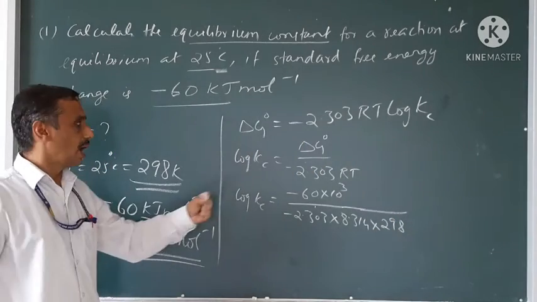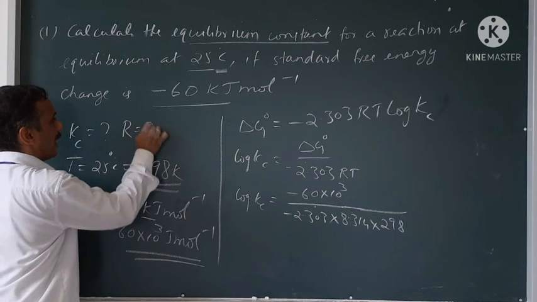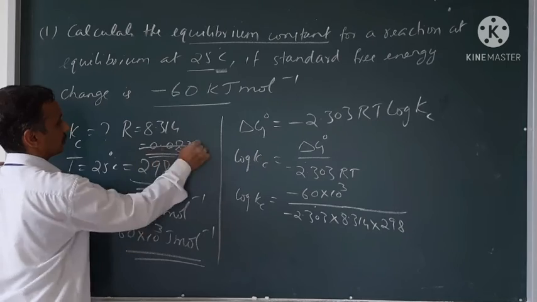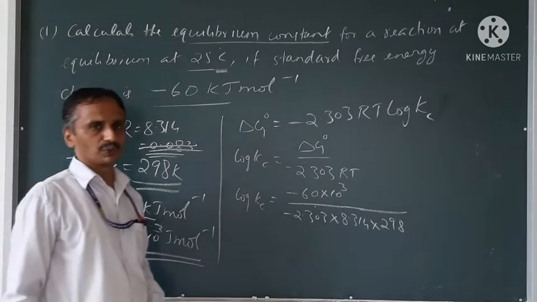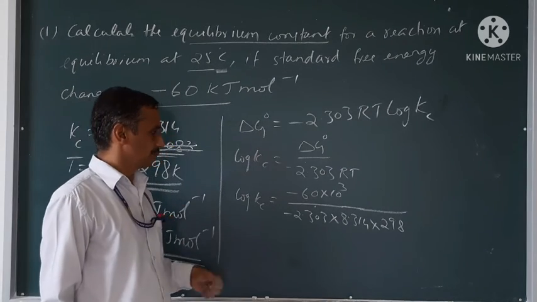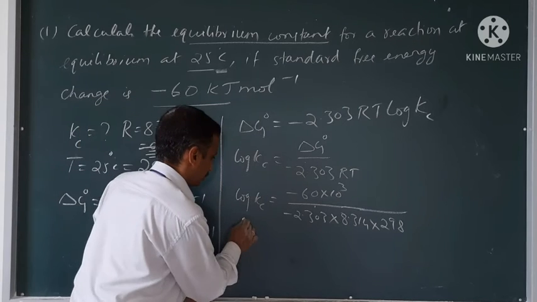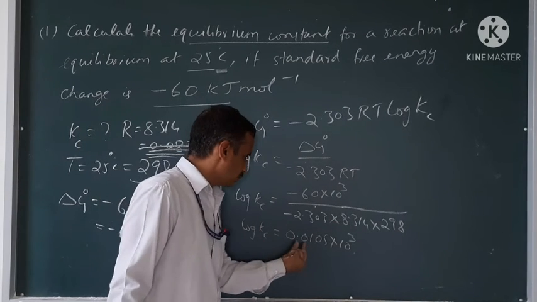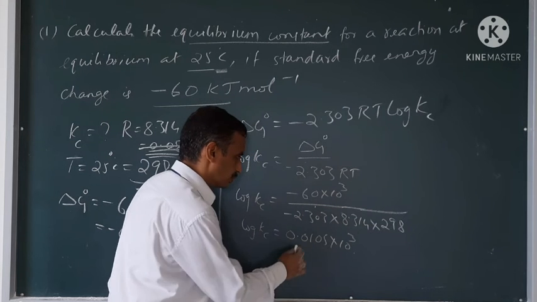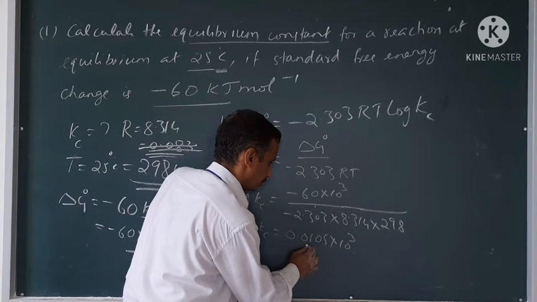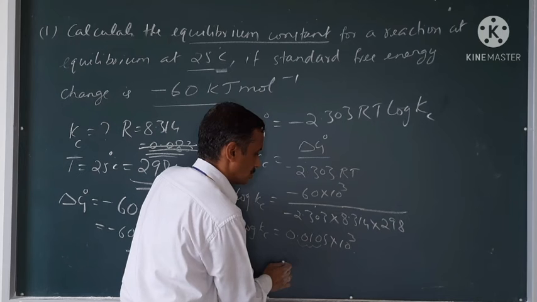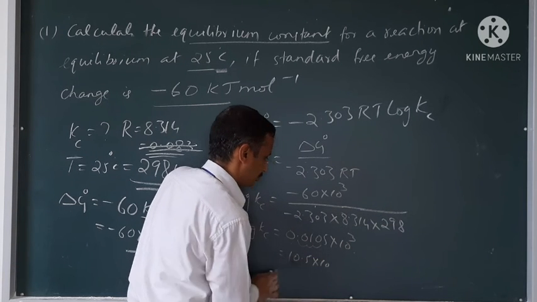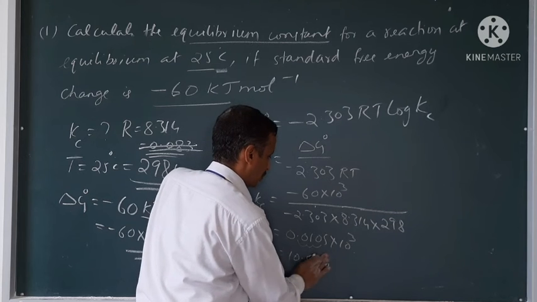And remember, the R value to substitute should be 8.314 rather than 0.083. 8.314 you have to substitute. Okay, now the calculation. Solving, I get log of Kc as 10.5. I am getting that.